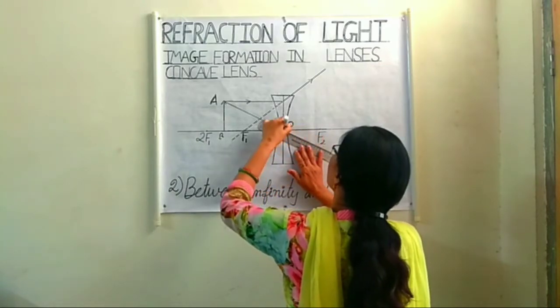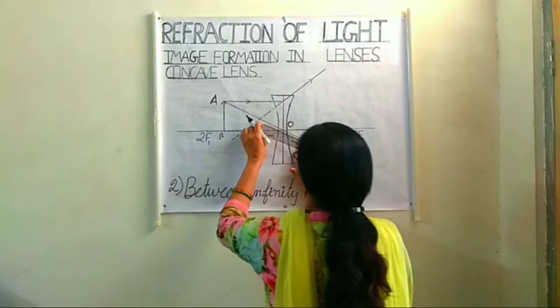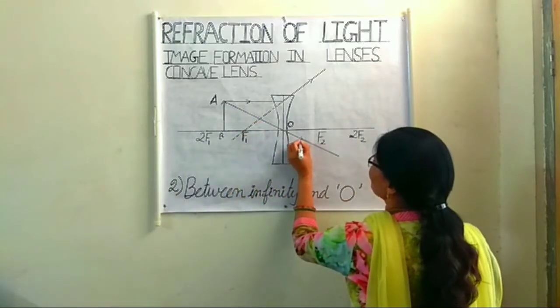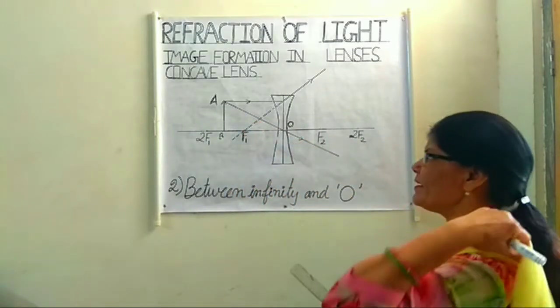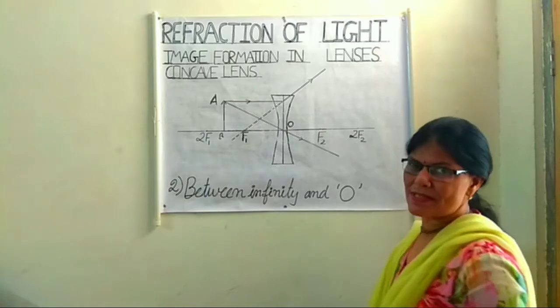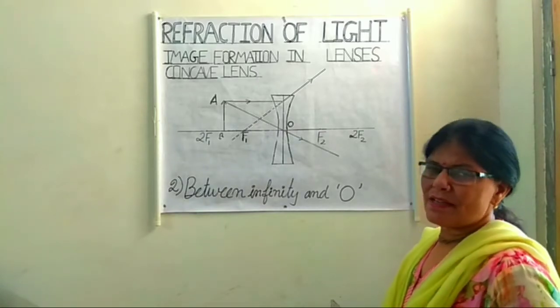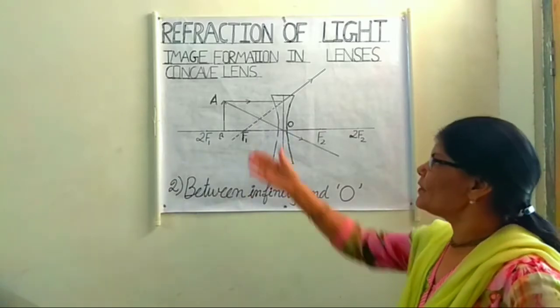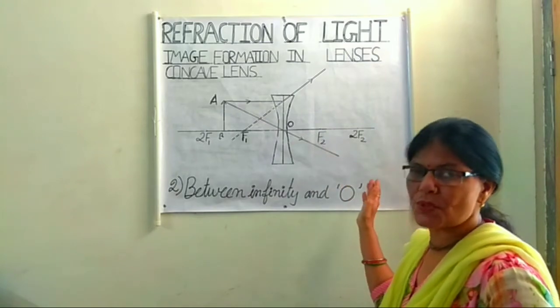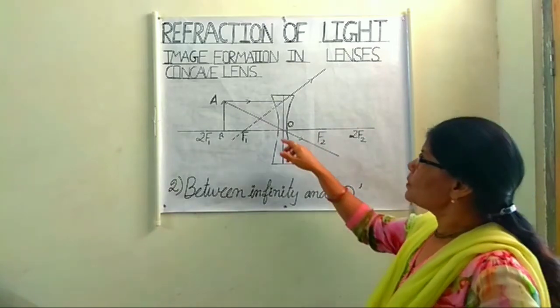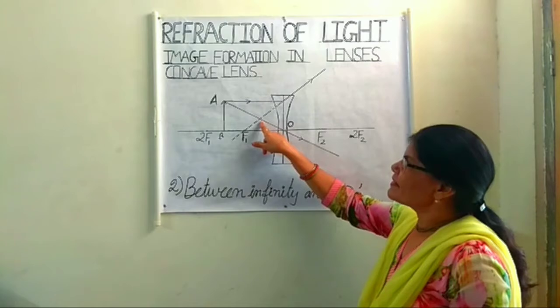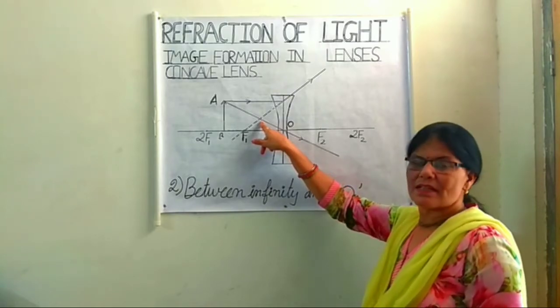Let us put an arrow like this. So this is the second rule. When an incident ray passes through the optical center, it will not refract, it will go as it is. So these two rays are meeting here, and this is the point where our image will be formed.